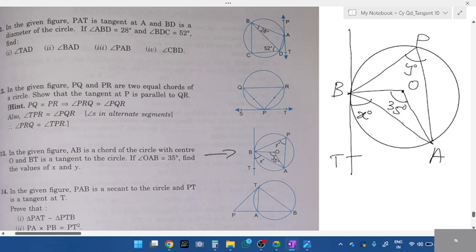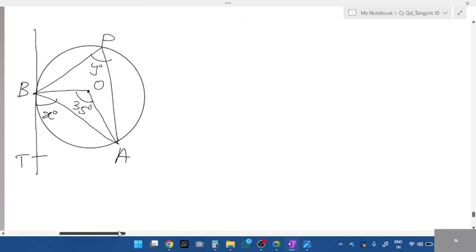Find the value of x and y. BT is a tangent. AB is a chord. BT is a tangent. And O is the center.